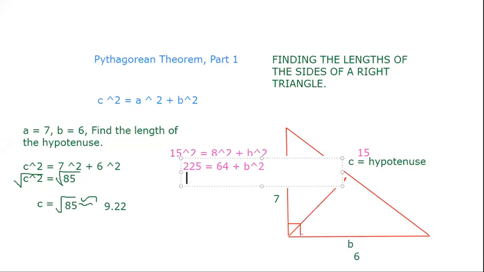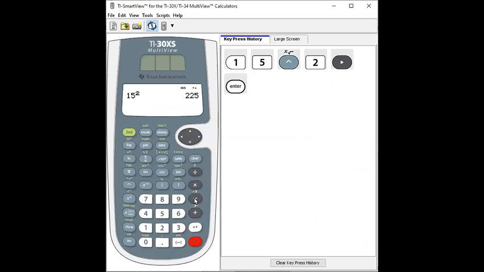We're going to subtract 64 from both sides, which is going to give us 225 minus 64, 161.